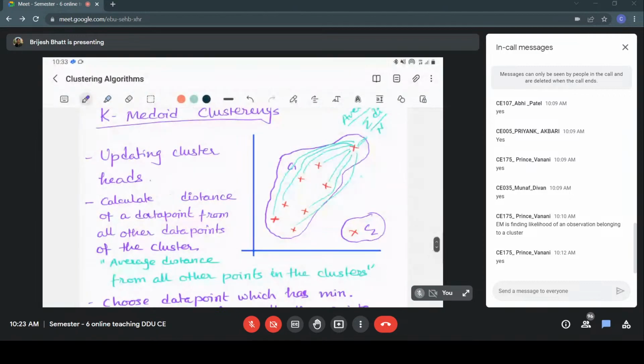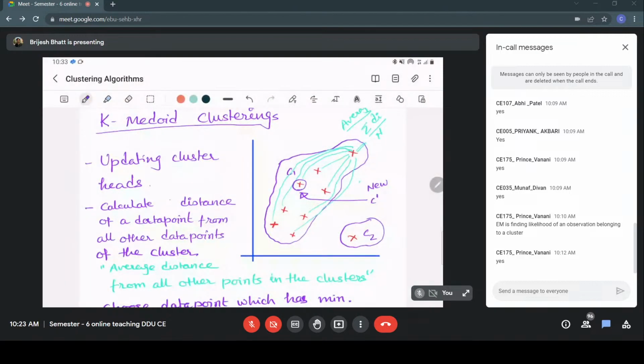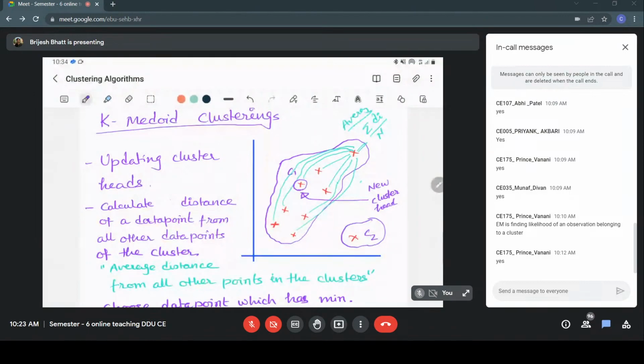So if you notice in this case, again C1 will become the new cluster head, or rather it will remain the cluster head, because visually we can see that it has the minimum average distance from the data points. It won't go towards this or this because their average distance from all of the data points is very high. Right? So the cluster head remains C1 and so on.